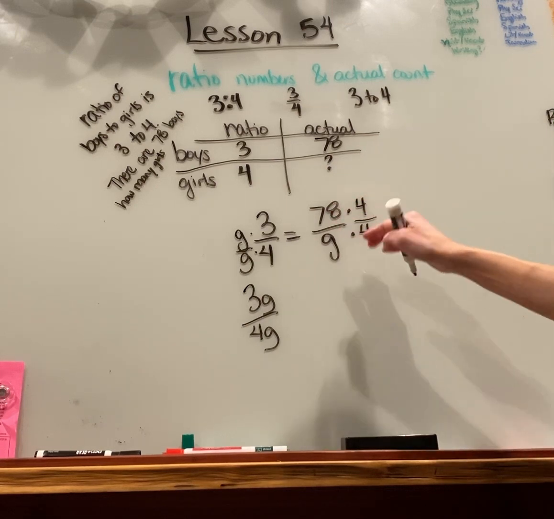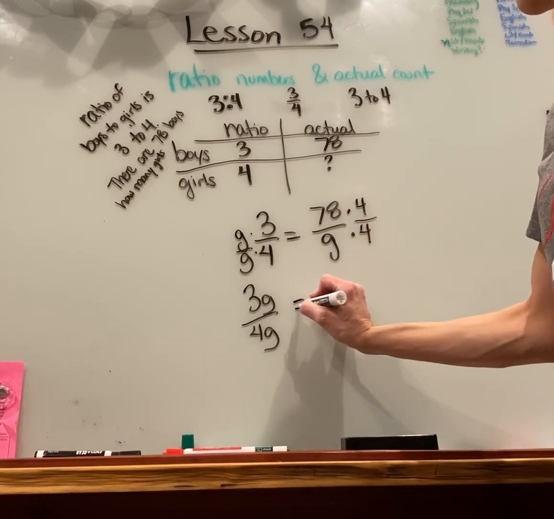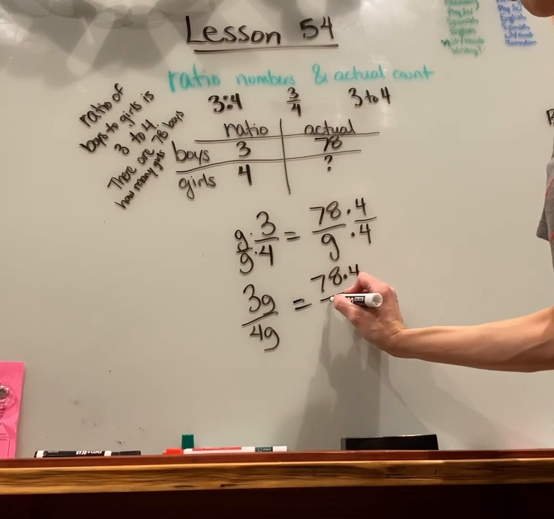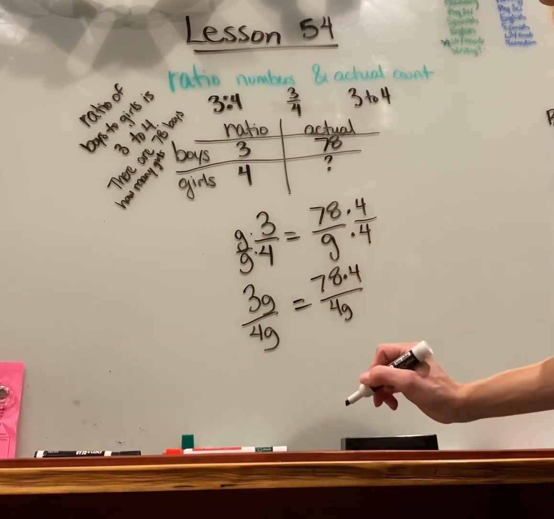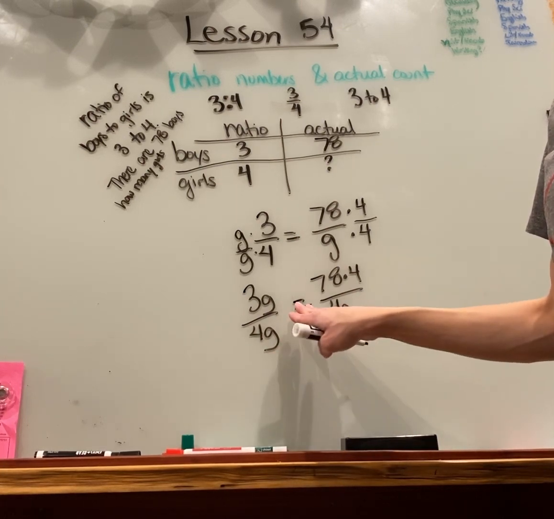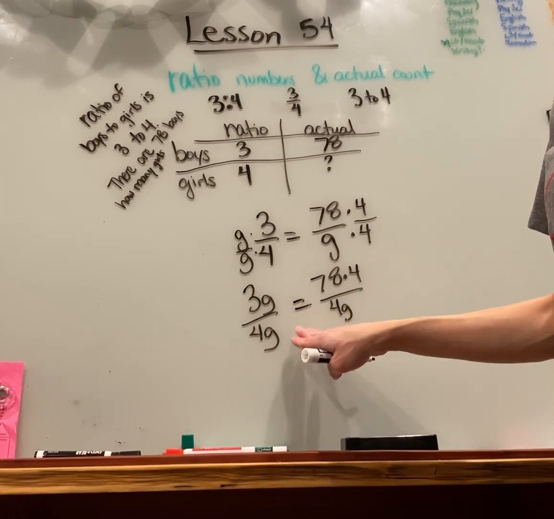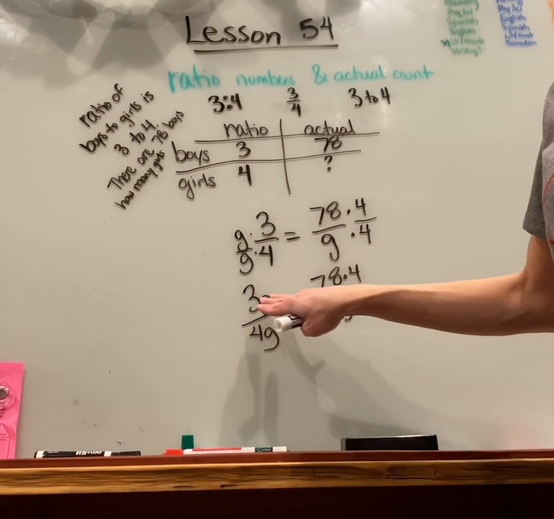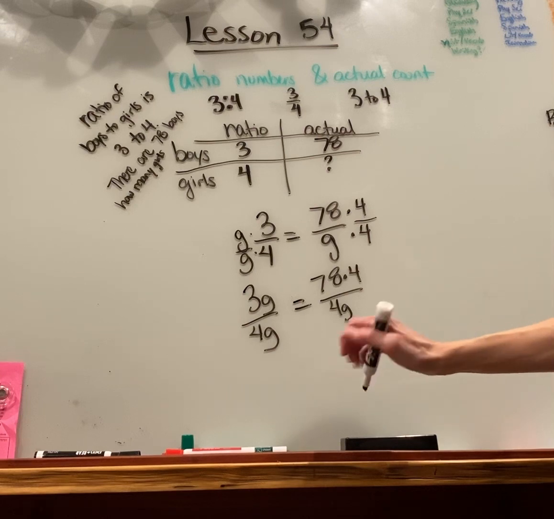So we're just multiplying this fraction by 1. It's staying the same. Now we have 78 times 4 over 4G. Once the bottoms of the fractions are the same, we can ignore them in this equation because it's the same kind of fraction, so we can ignore the kind and just talk about the amount of fraction.